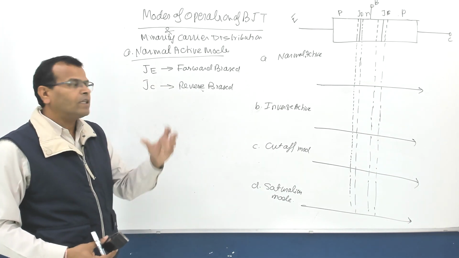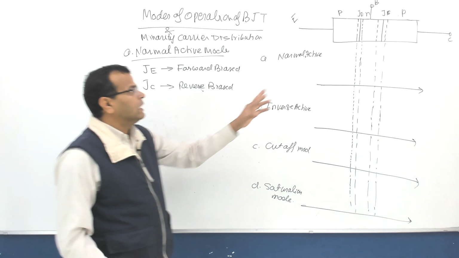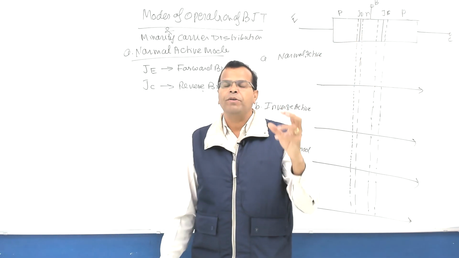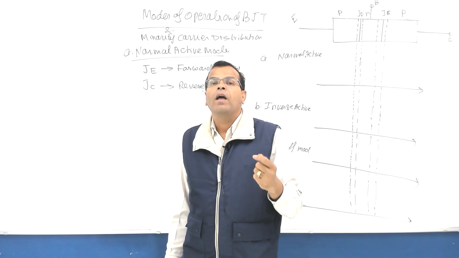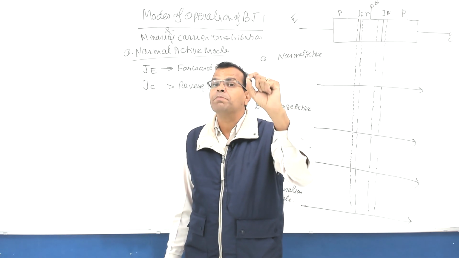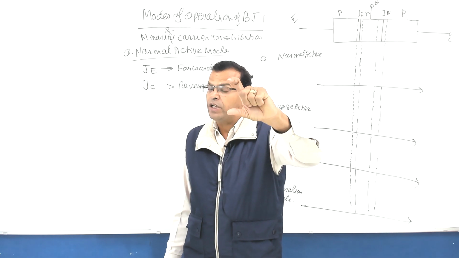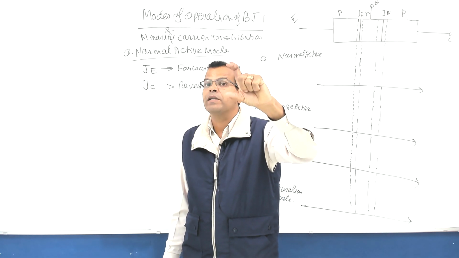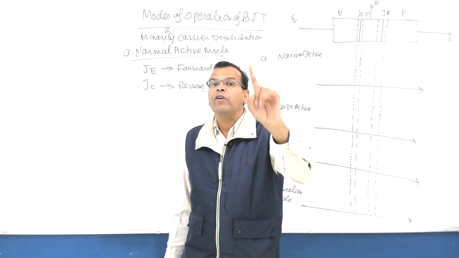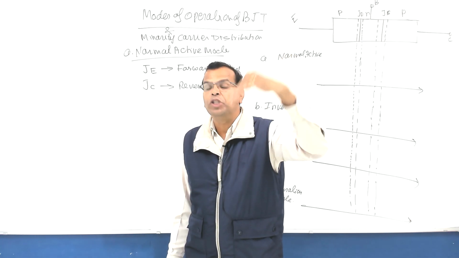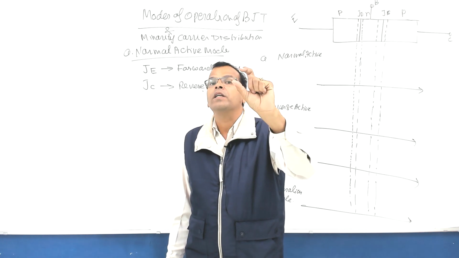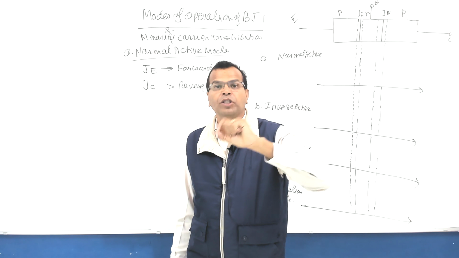Normal mode. Let us see the distribution. This junction is forward biased, this junction is reverse biased. Remember, if you remember the PN junction diode, the concentration of minority carriers is maximum at the edge in case of forward biased PN junction, and the concentration of minority carriers becomes zero at the edge of the depletion layer in case of reverse biased PN junction.